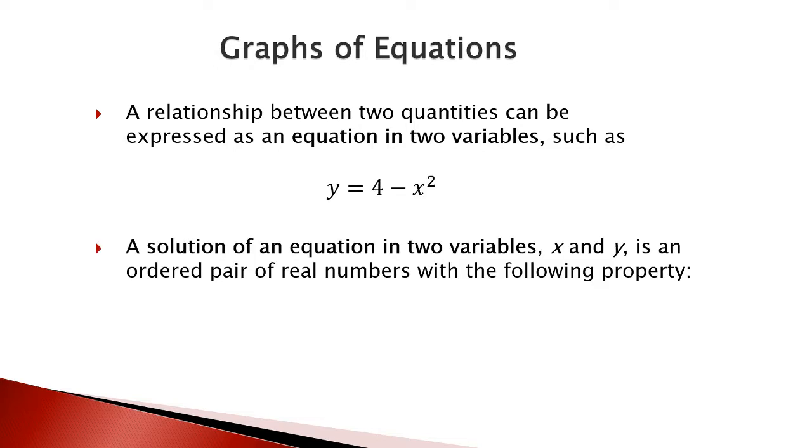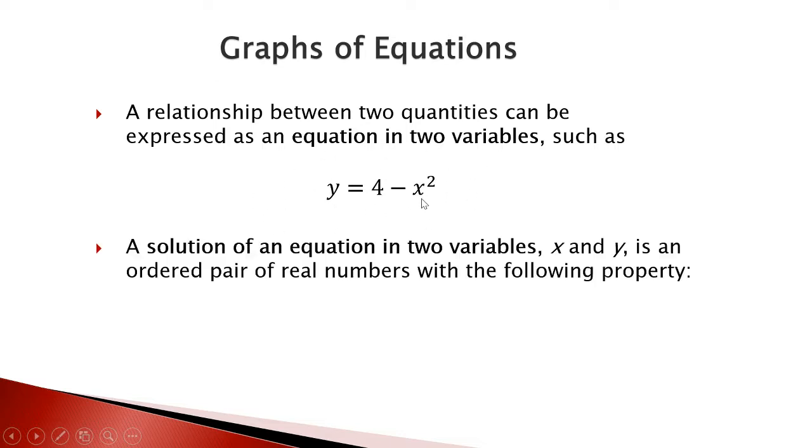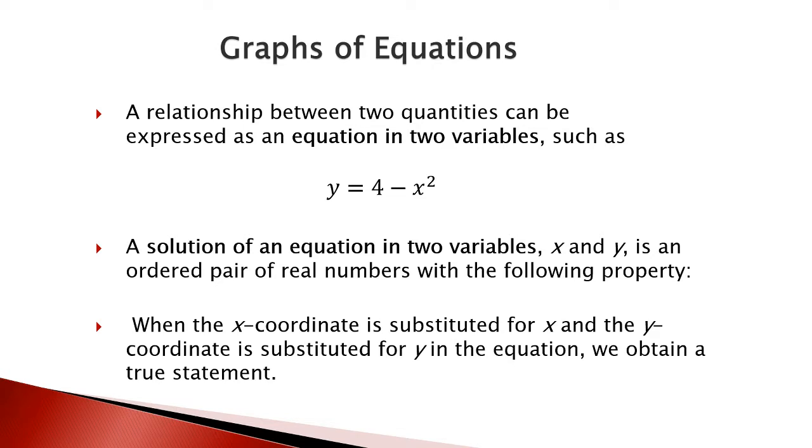Now, what is an equation? The relationship between two quantities can be expressed in an equation, as an equation in two variables. For example, the relationship between x and y can be represented as y equals 4 minus x squared. A solution of an equation in two variables is an ordered pair of real numbers.